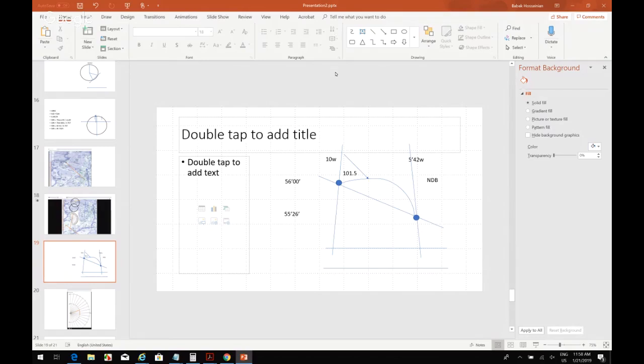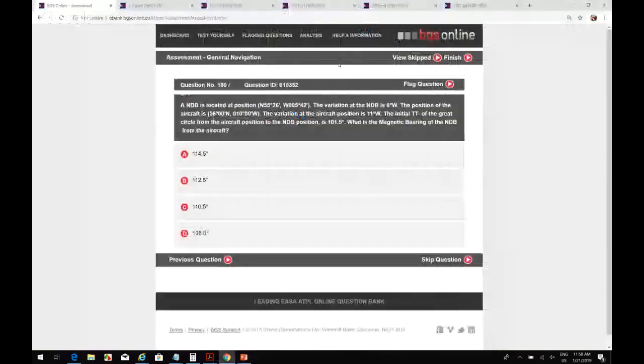Okay, so the question was, NDB is down south. The great circle from the aircraft to the NDB position is 101.5. Magnetic bearing of the NDB from the aircraft is... well, yeah, we know it's 101.5. NDB from the aircraft. It wants the radial, that's different. All right, say 114.